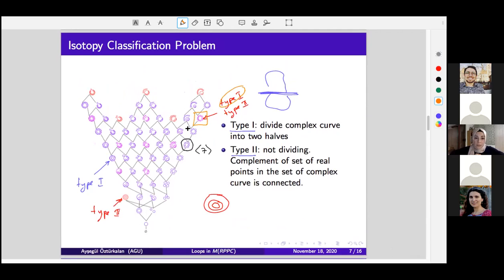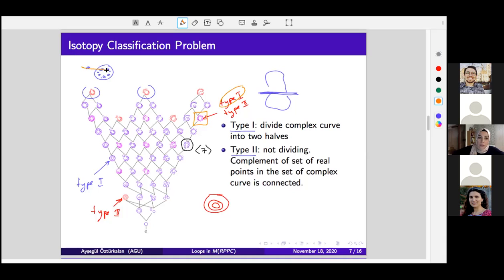Why do I choose this? Because this looks like the most complicated one. However, here the ovals are contained inside each other, and the rest lies inside. So it is hard to move here.